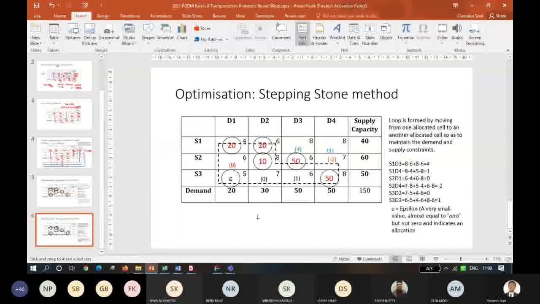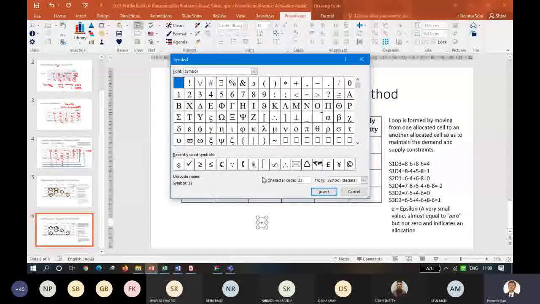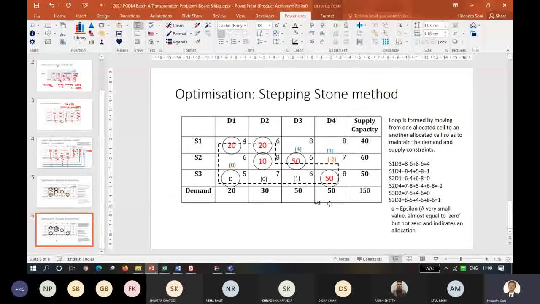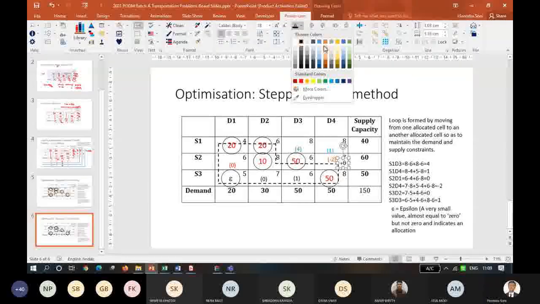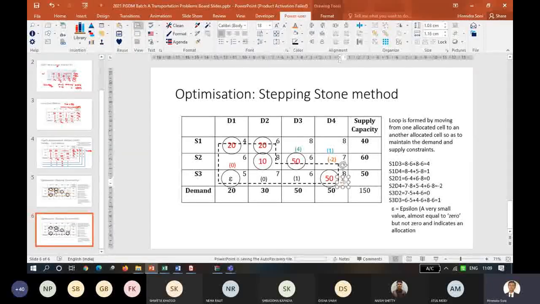So let me create that value plus, and I will insert a symbol, say theta. Fine. I will change its font color to plus theta. Now, from this cell, if I'm adding a value there, I will have to subtract that value here.